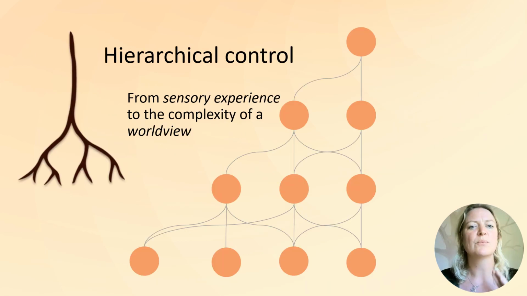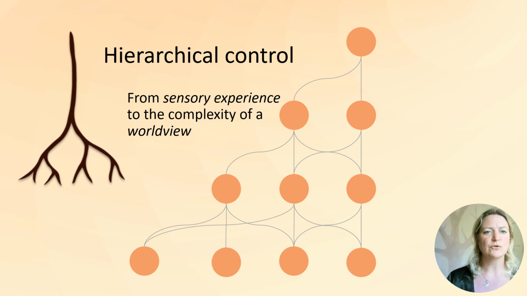So all these different ways of control are organized in a hierarchy. Hierarchical control means that layers of parallel control systems work together, allowing us to control many different types of perception simultaneously. Starting from the bottom, the lowest level receives input directly from our senses.